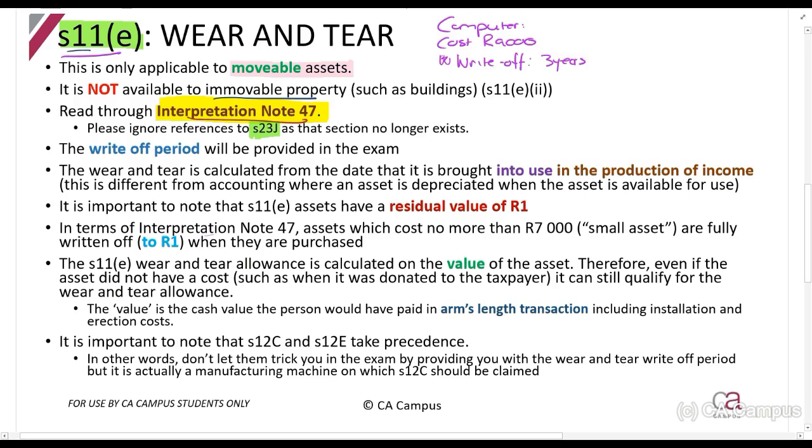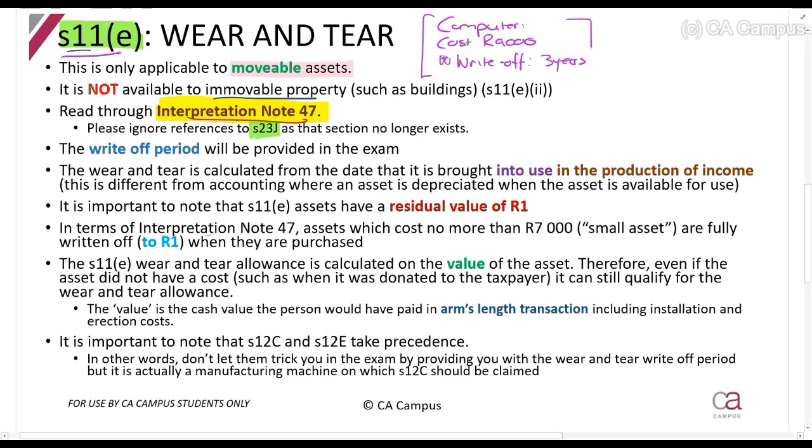Now you can go to SARS and make an application if you disagree or you want a shorter or longer one, but you'll have to substantiate your reason. So maybe the asset that you are using takes a lot more wear and tear than the average asset does, maybe because of the environment, and then you can justify that to SARS and they might allow it. Okay, so understand, for your purposes, for exams and so forth, they will provide you with it.